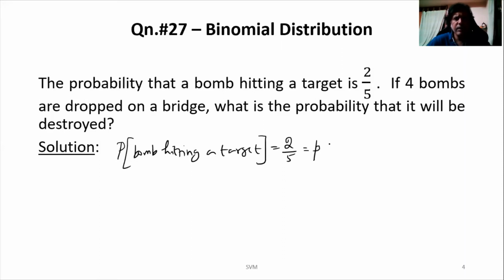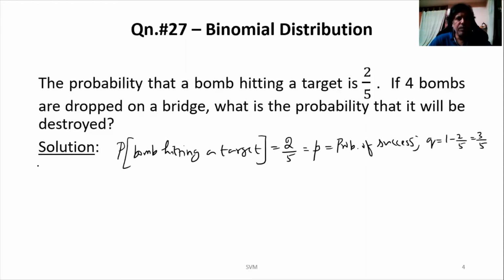So we can call that P, because it is the probability of success. Then that means our Q value will be 1 minus 2 by 5. So it is 3 by 5.